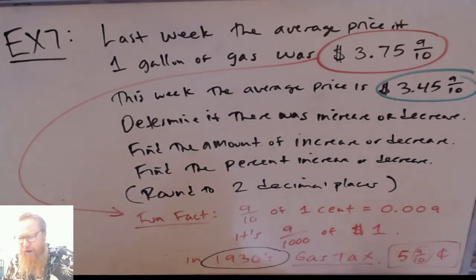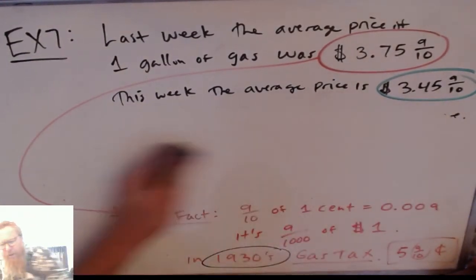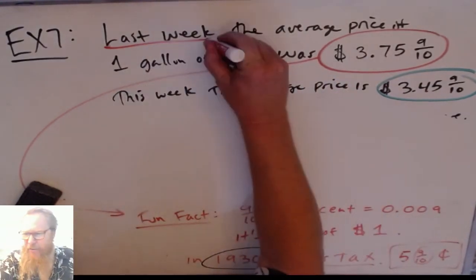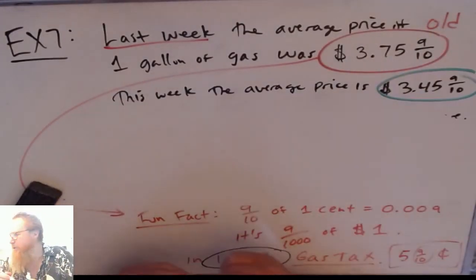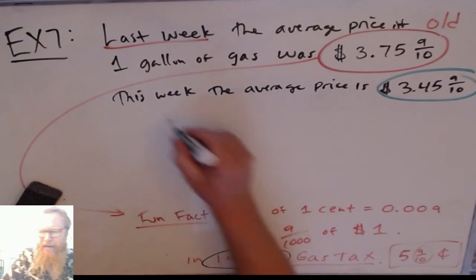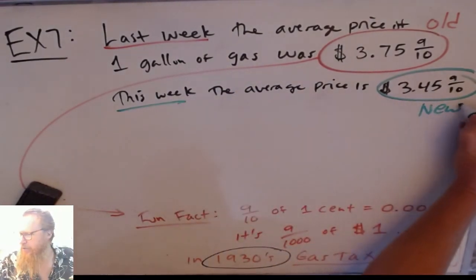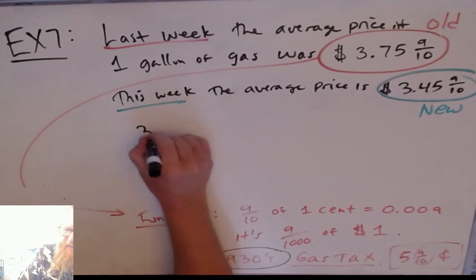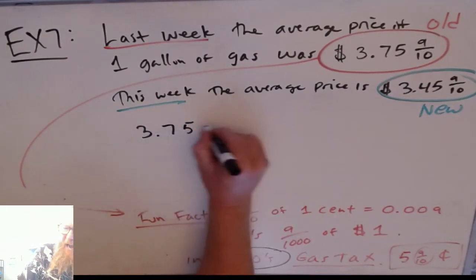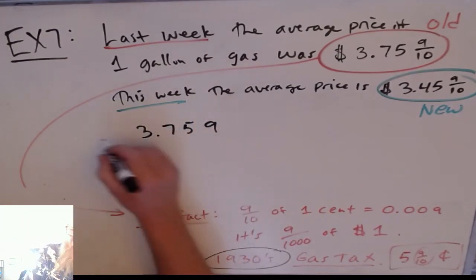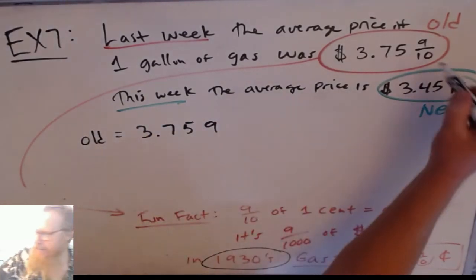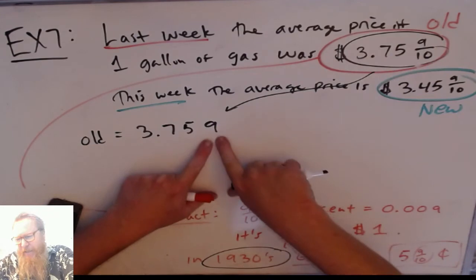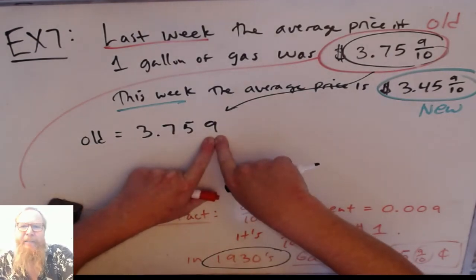So first of all, we're going to rewrite these. The old was last week, and the new is this week. So make sure you know which is old and which is new. Then write them like this. 3.759, that's the old. The 9/10 just becomes the third decimal place.